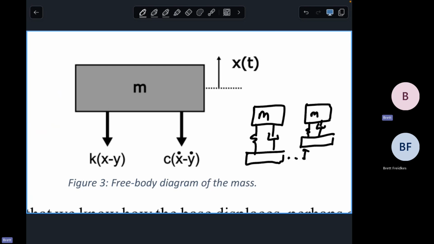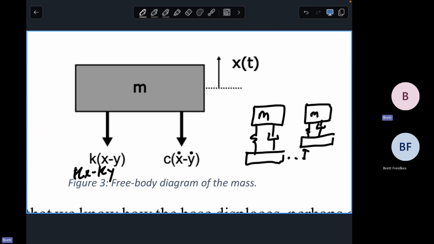And that's based on ky, which is why in this picture we have kx minus ky, because I drew it going down. It's the opposite. Because it's going up, I write it as a negative if I draw the vector going down. Does that make sense? It's not because the base wants to go down.